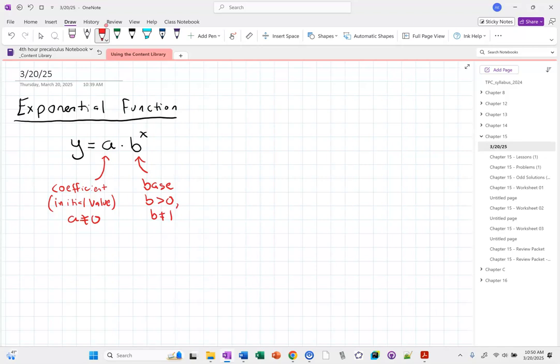So if we did allow b to be negative, this thing would be undefined all over the place, which would be a really disgusting function with infinitely many discontinuities, and that's just a mess. So that's why we're not allowing b to be negative either. And then the x we just call the exponent.